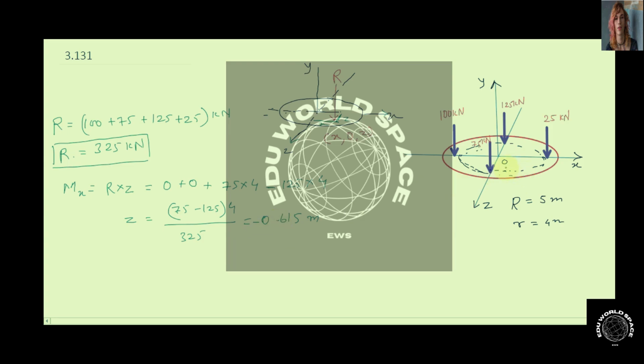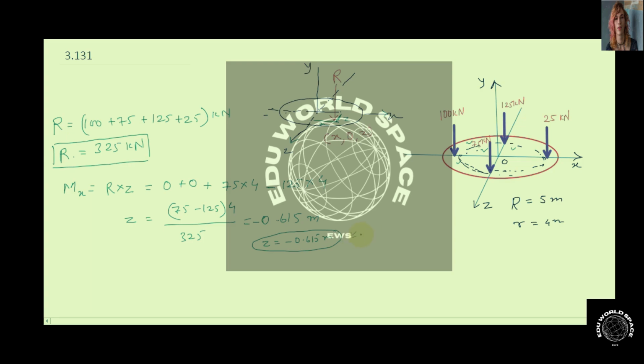It means that its z coordinate is negative, so we can see here that z will be negative for these two quadrants. So our resultant force will be in either this quadrant or this quadrant, depending upon the value of x.